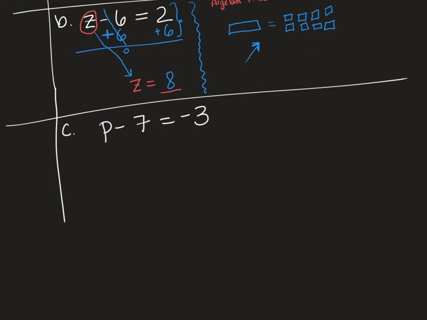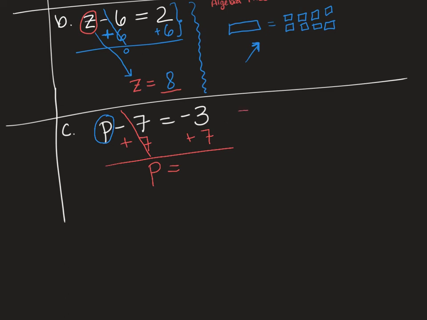p minus 7 equals negative 3. Well, my variable is this p here, and I want to get it by itself. The way I get that by itself is, what is the opposite of minus 7? Plus 7. What I do on one side, I do to the other. This cancels, and I'm left with p equals, well, negative 3 plus 7.